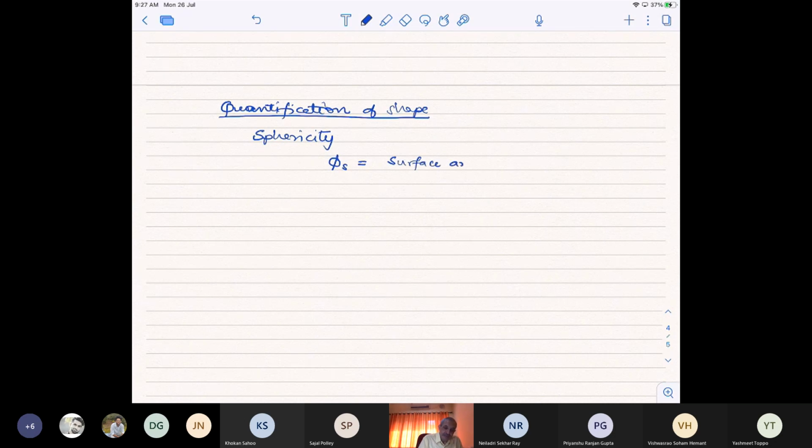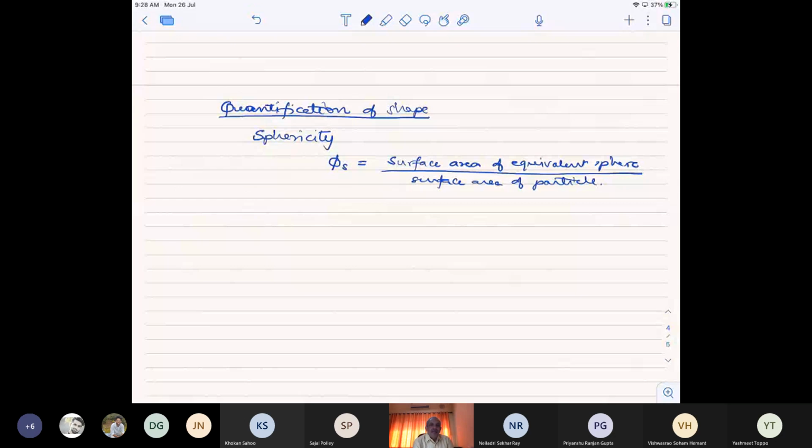So surface area of equivalent sphere, that is a sphere of the same volume as the particle, divided by surface area of the particle. Now, why is this a measure of sphericity?